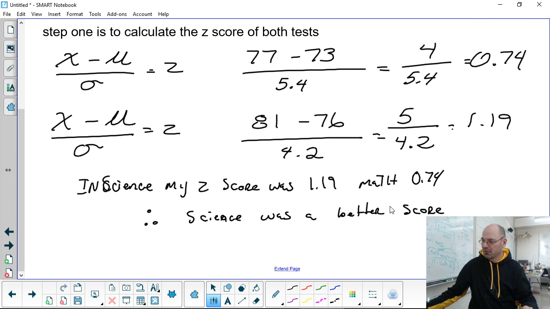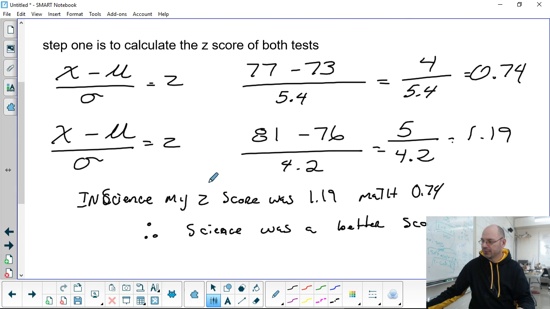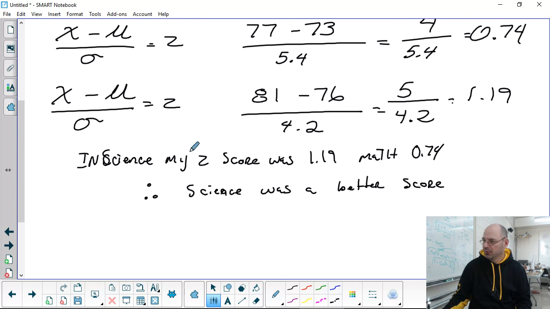Okay, now the other thing that they can add to this question, we'll add a little bit. So step 2 is to look at the higher z-score for this case.